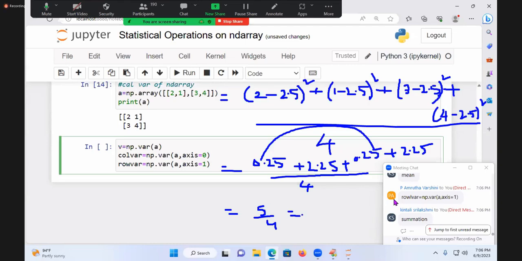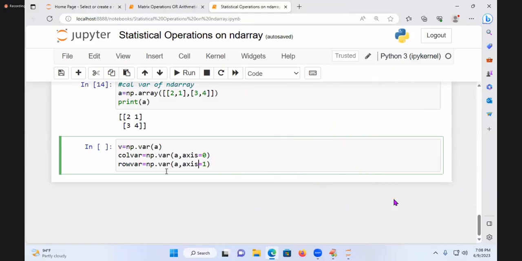What is the answer now? 1.25. That's all. This is called variance. Remember that. 1.25. Calculation is important.